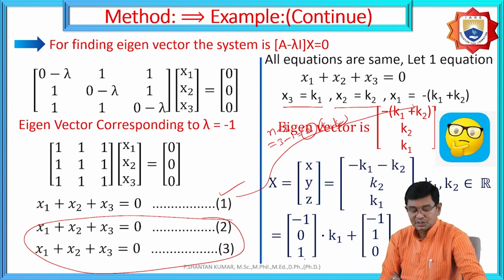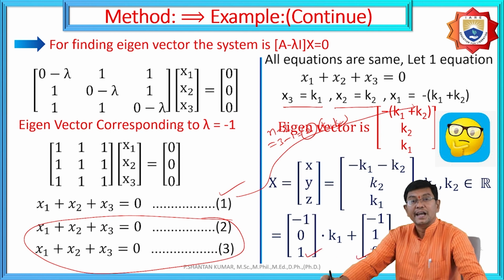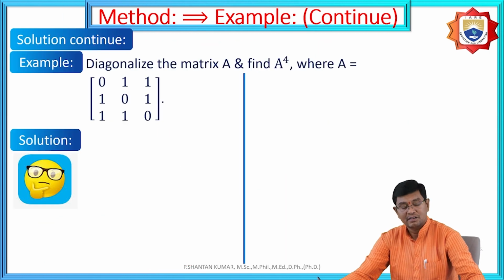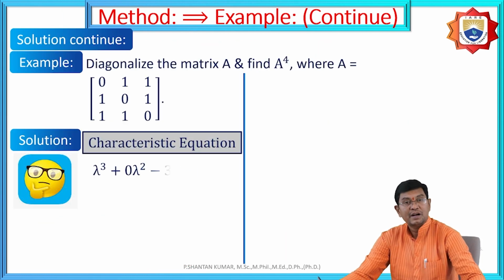Therefore these are the two eigenvectors, and based on the first and second eigenvectors, we need to consider them in matrix notation.